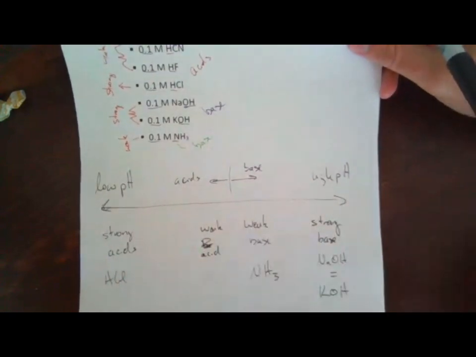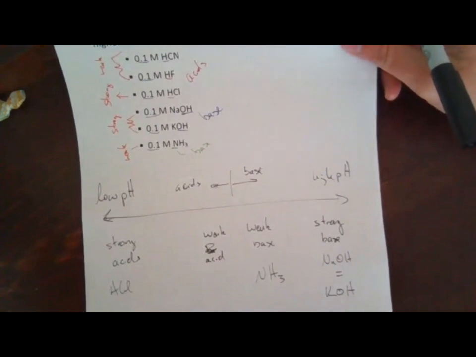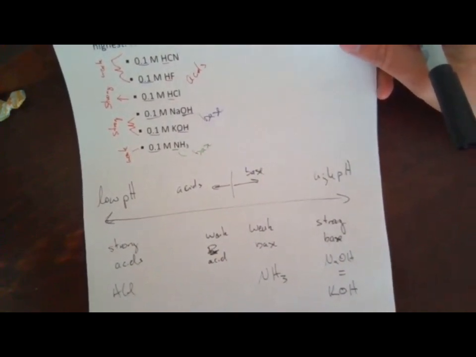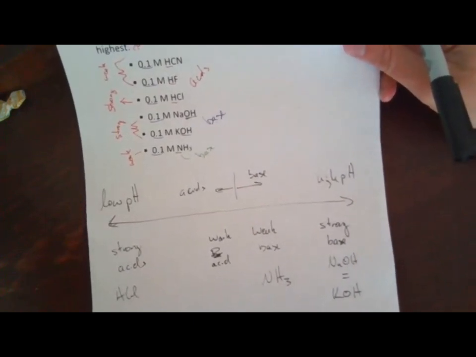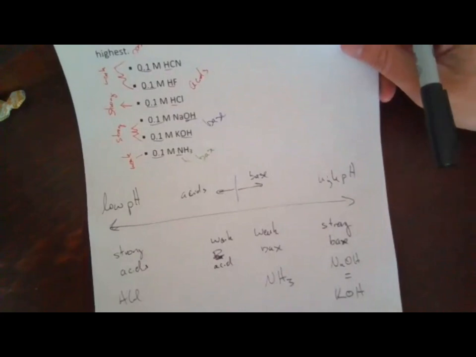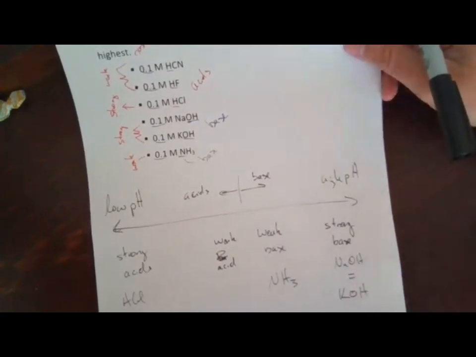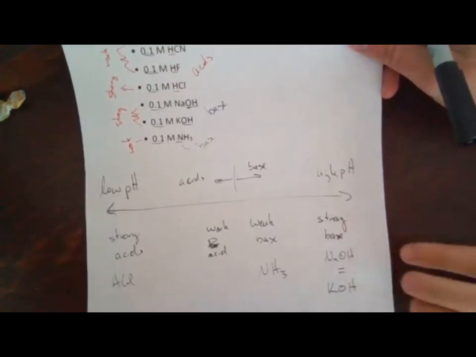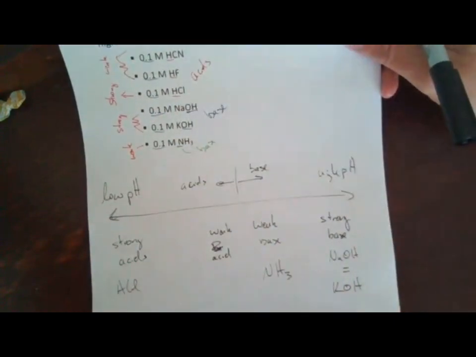So for example, HCl and HNO3 would both have the same pH because they're just reacting by stoichiometry, and the stoichiometry of these strong acids and strong bases with water is always the same. It's always 1 mole of strong acid reacts with 1 mole of water to produce hydroniums, or 1 mole of these dissolve because they're soluble. So strong acids and strong bases, they have the same concentration. They have the exact same pH.